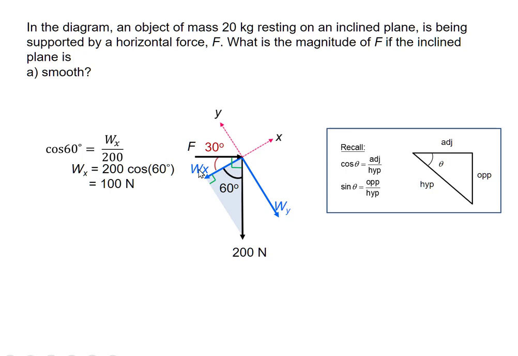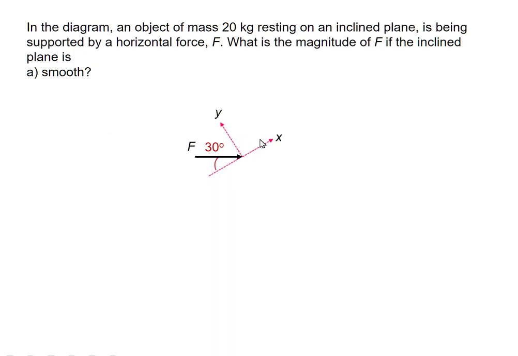With that, we'll now focus on F. So by removing the rest of the forces, I'll now look at F and resolve it into the x component. So therefore, I will identify a right angle triangle again, and I intend to find Fx.